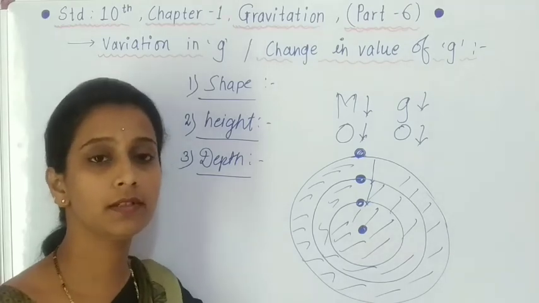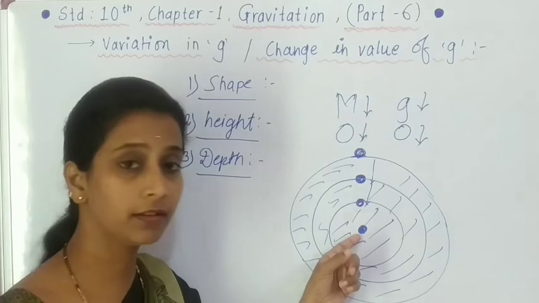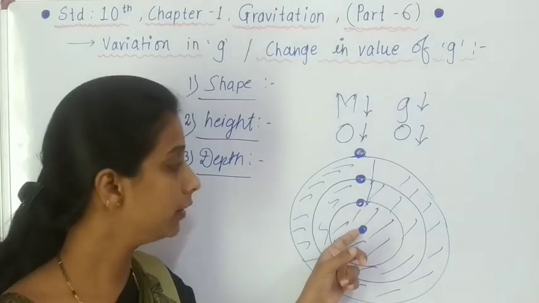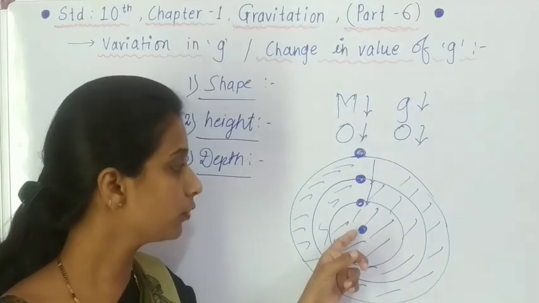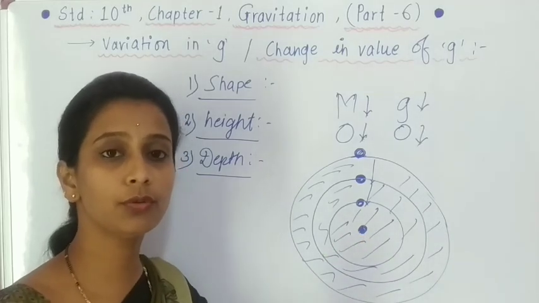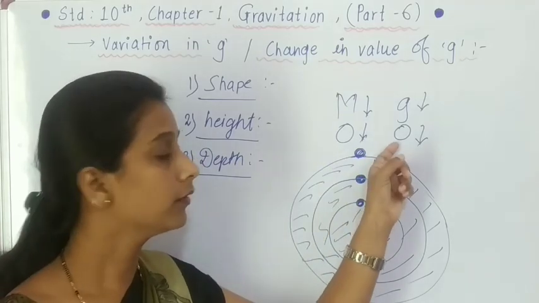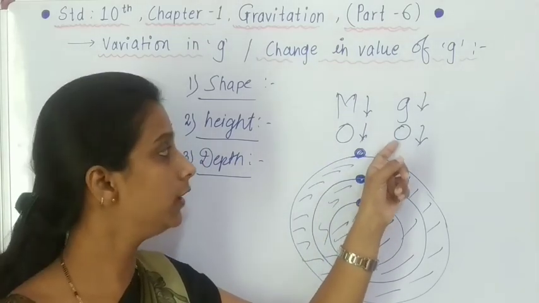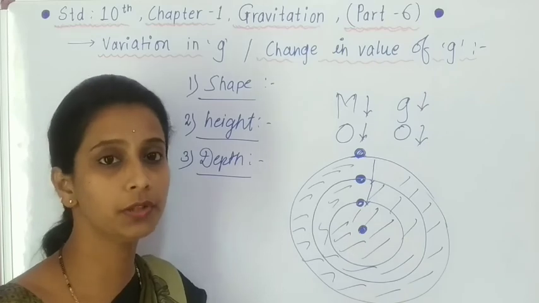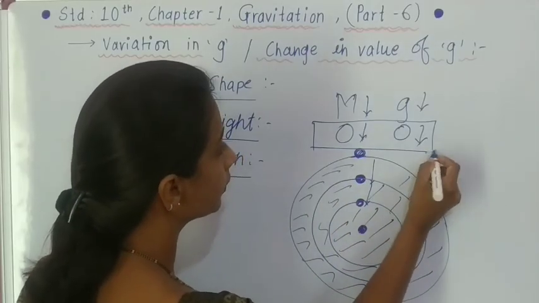So as the mass decreases, g also decreases. And at the center, remember this very carefully, it will be asked in the examination. At the center of the earth, the mass of earth is totally 0. So the gravitational acceleration, that is the value of g, is also 0. It will be asked as a give-reason question, a scientific reason.